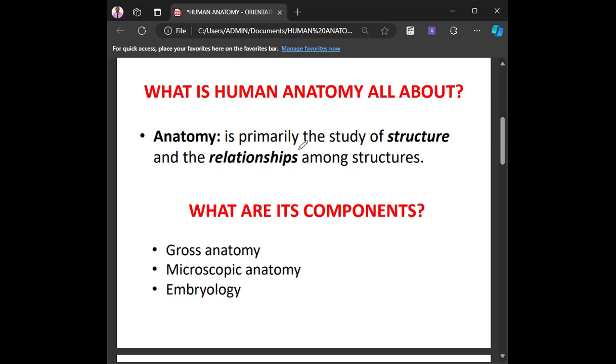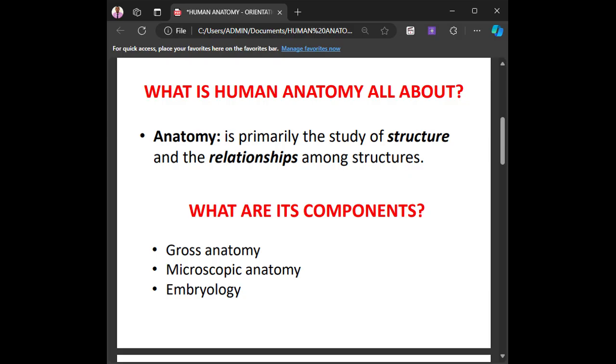So firstly, let's talk about what human anatomy is all about. In a nutshell, human anatomy is primarily concerned with the study of the structure and the relationships among the structures. What do we mean?